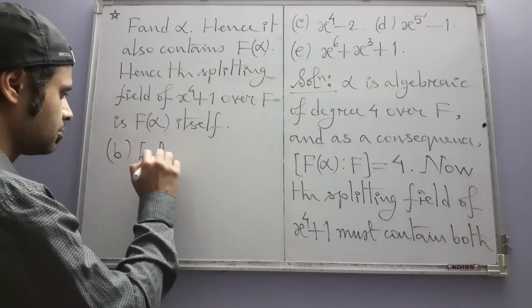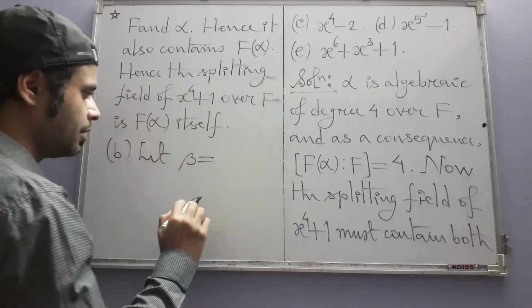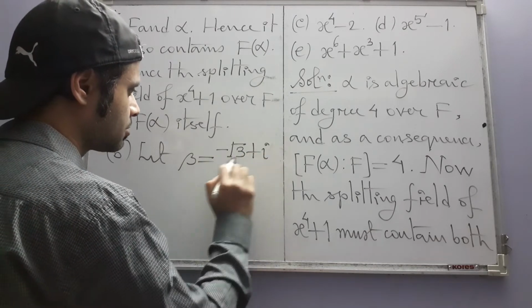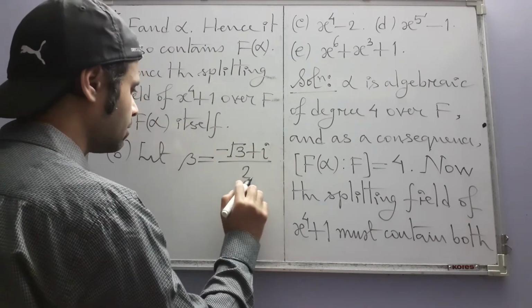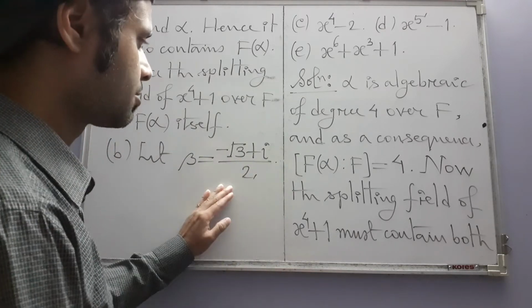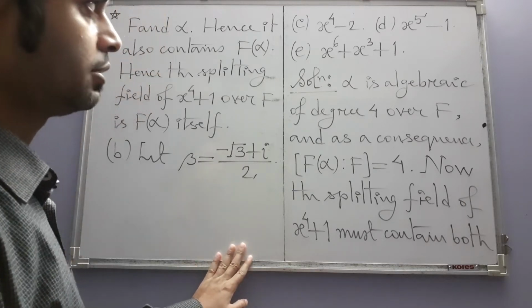So let us start like this. Let beta be this complex number.